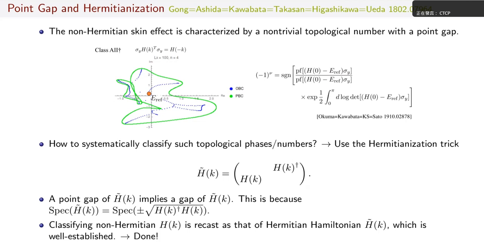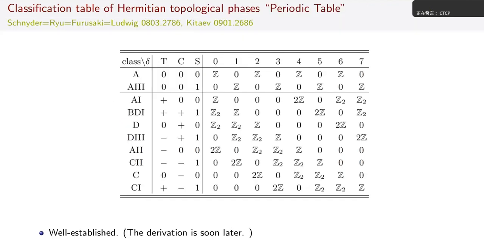Then you can see this Hamiltonian is Hermitian. So the question becomes the classification of this Hermitian Hamiltonian, and this problem is already solved.